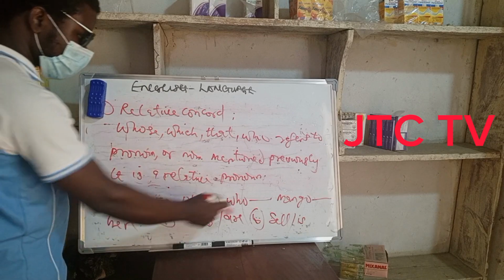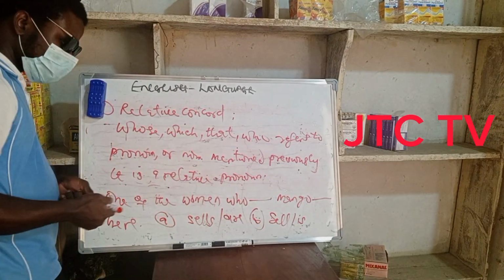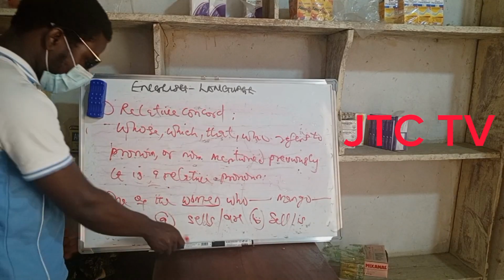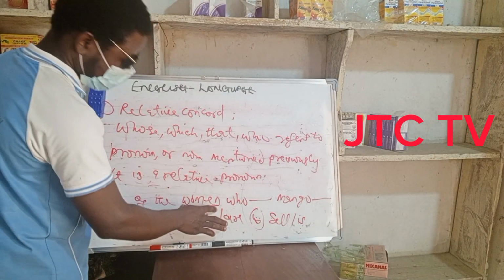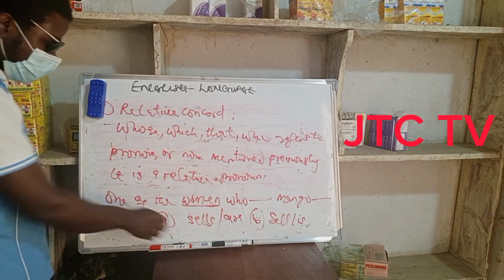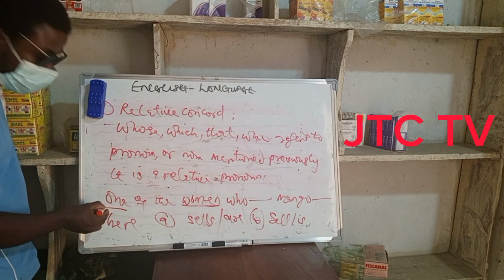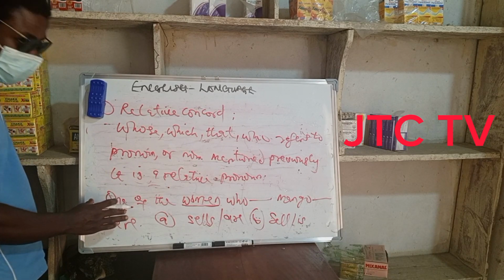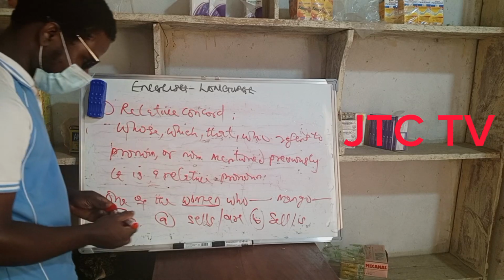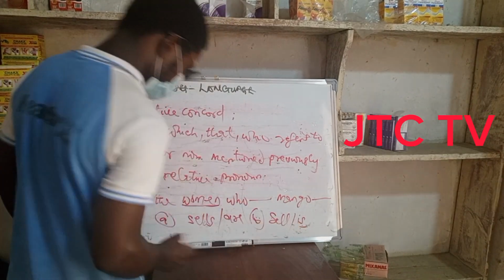So the first space should have the plural verb. Then one of the women is referring to a singular person. So this one will attract a singular verb.